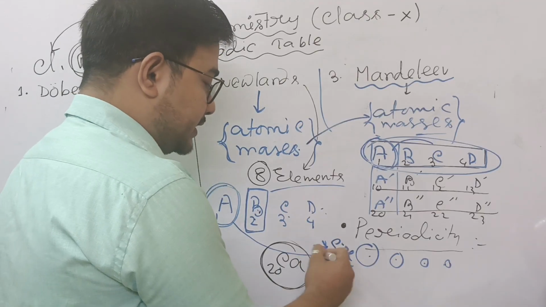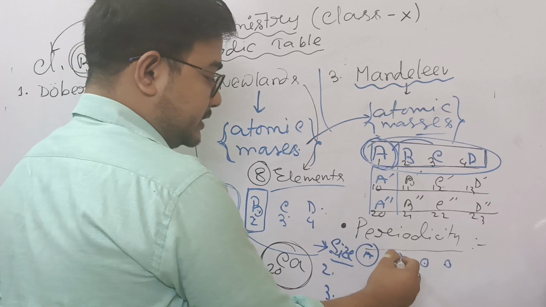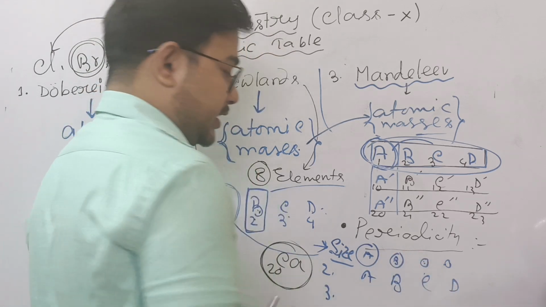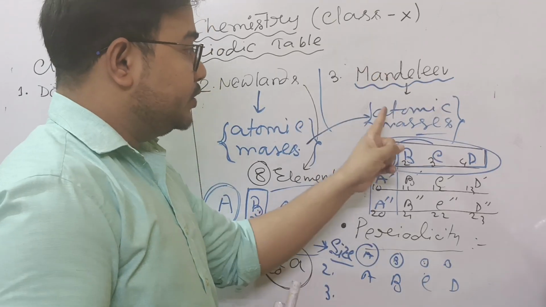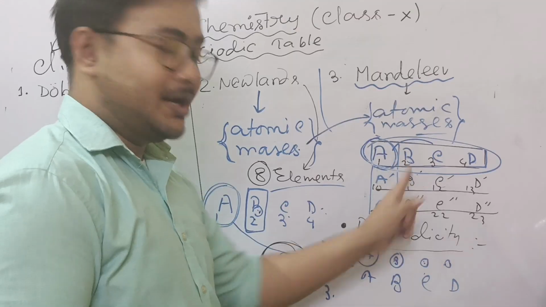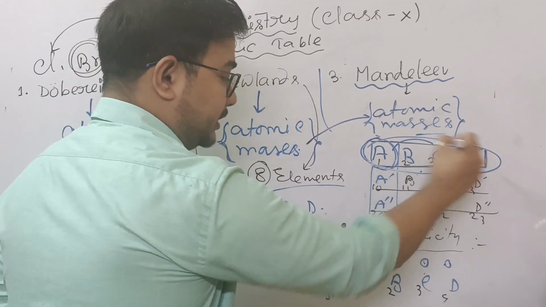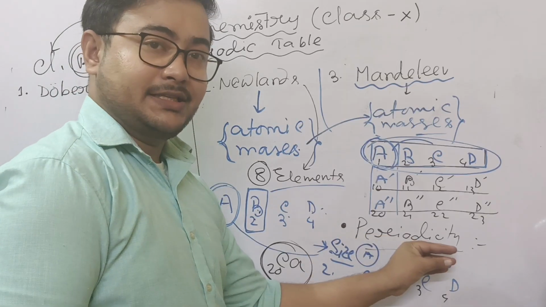First, if we consider the size, suppose it is A, B, C, D. According to Mendeleev periodic law, if you arrange the elements in the increasing order of their atomic masses, suppose atomic masses 1, 2, 3, 4 as I told here, you see the radius slowly decreases.